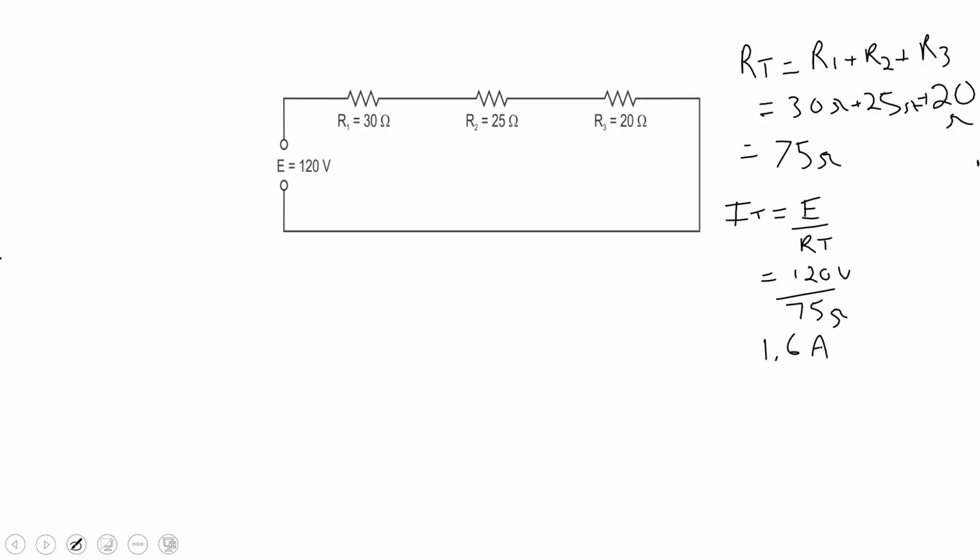There you go. So we know the total current, and it's going to be the same no matter where we look on this circuit. 1.6 amps, 1.6 amps.